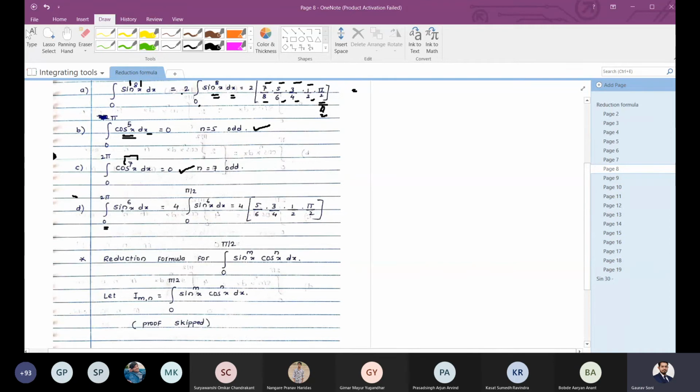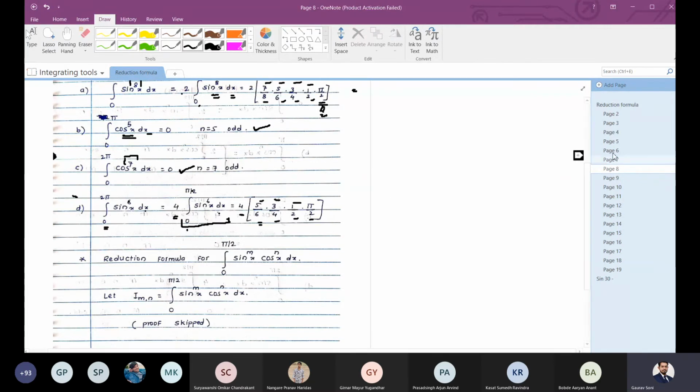0 to 2 pi sine raised to 6 x dx. Now the power is even, so it is 4 times 0 to pi by 2 sine raised to 6. We have the formula for 0 to pi by 2 sine raised to 6: 6, 5, 4, 3, 2, 1, 0, 4 times.